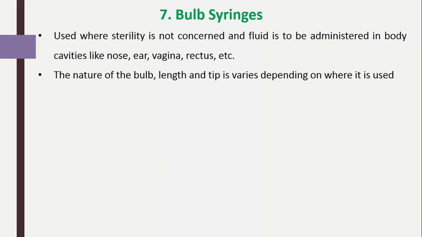Let's move to another. Here we'll see the bulb syringes. Bulb syringes are used where sterility is not a concern and the fluid is to be administered in body cavities like the nose, ear, vagina, rectum, etc. If sterility is not necessary at the time of insertion of the fluids or liquid medicine, then bulb syringes are used.